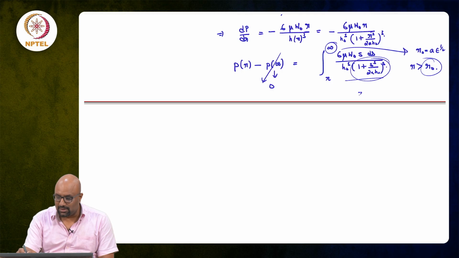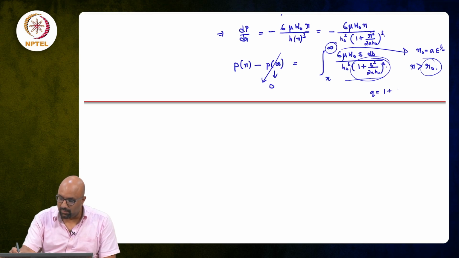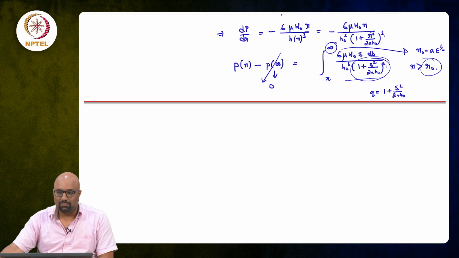So, you can do this integral, it is not too hard. You can write this as some z equals, or not z, we have already used z. You can probably say some q is equal to 1 plus s square over 2a h naught, and then perform that integral.